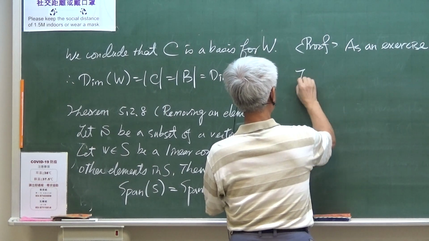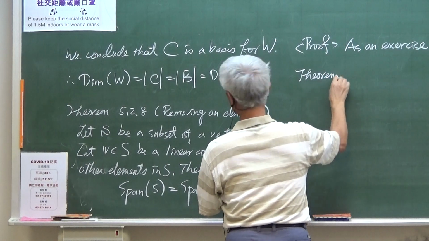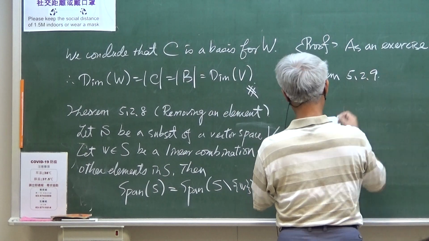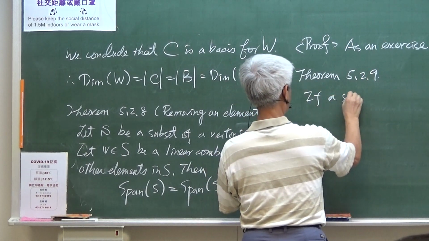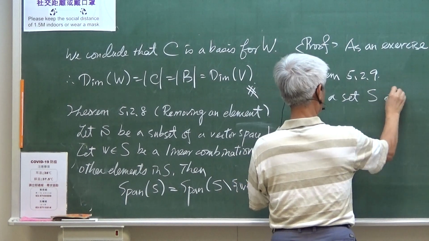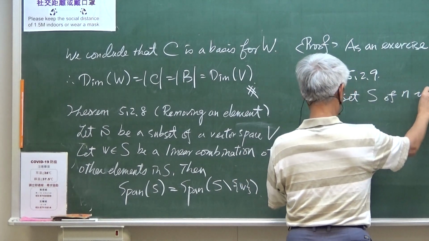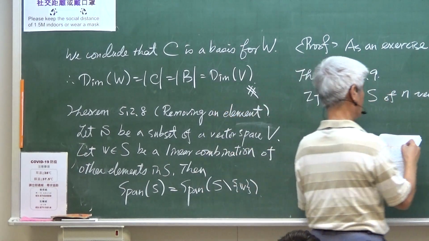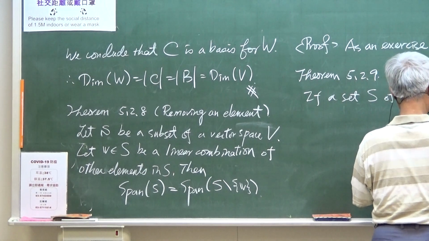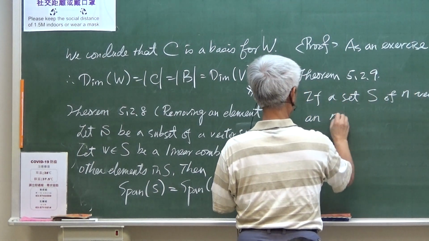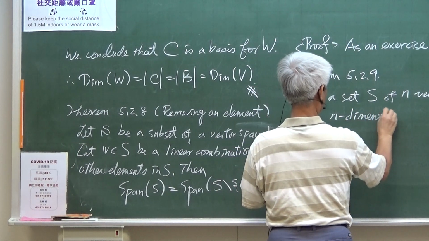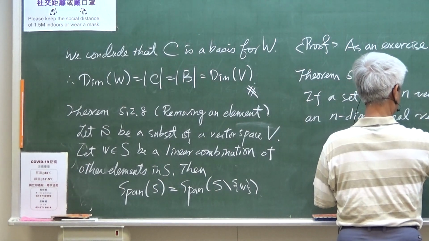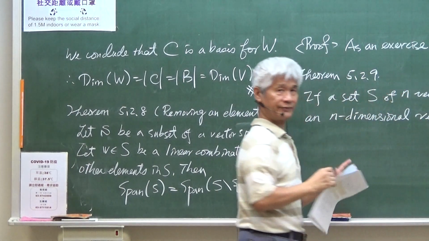Right. So now an application of theorem 5.2.8 is here. If a set S of n vectors spans an n-dimensional vector space V, then S is a basis for V. So it's very interesting.